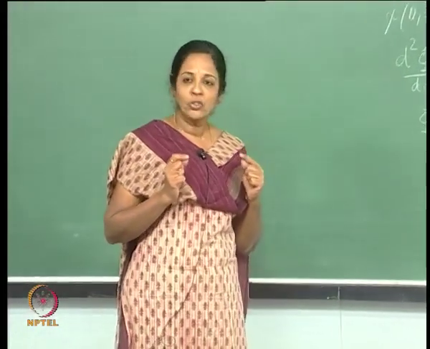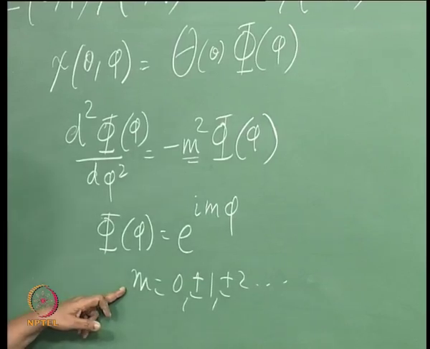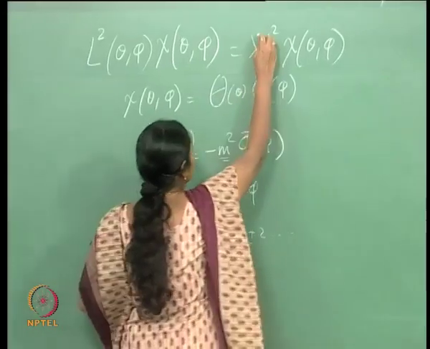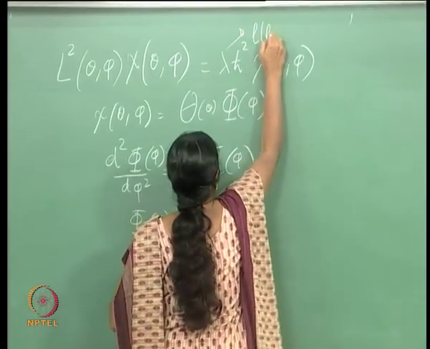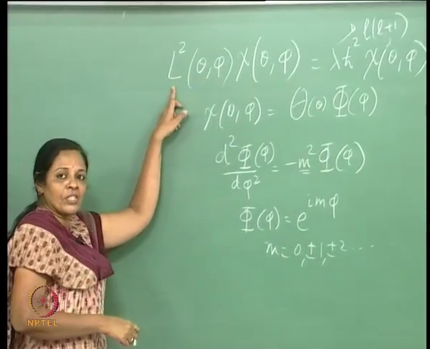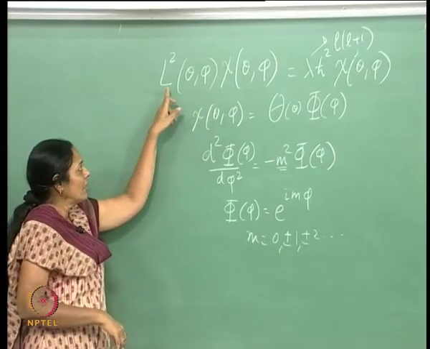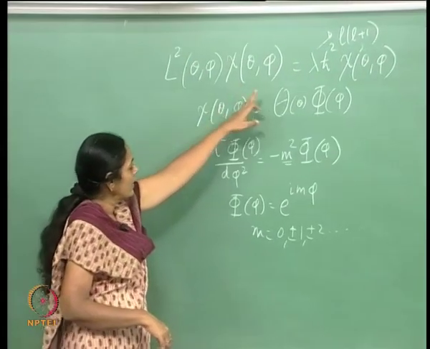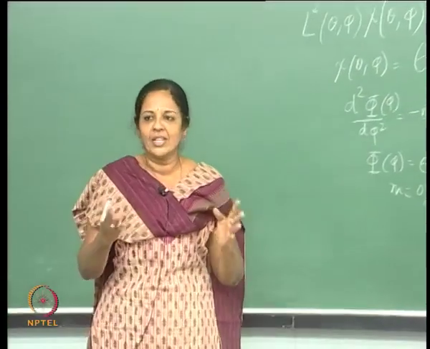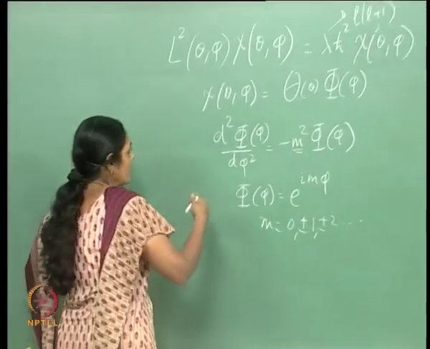I want to make an observation here. The fact that m takes these values, the fact that lambda should be of the form L times L plus 1, simply because this is the orbital angular momentum operator squared, and therefore its eigenvalue should be like, in pattern, the eigenvalues for the spin squared operator, S squared.